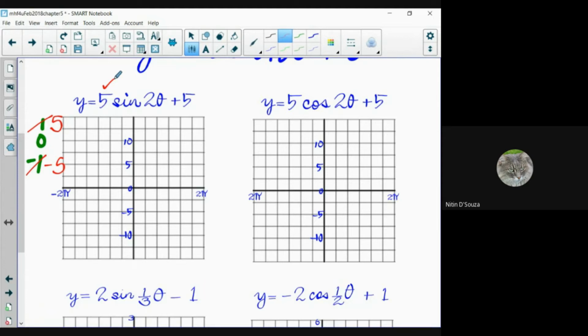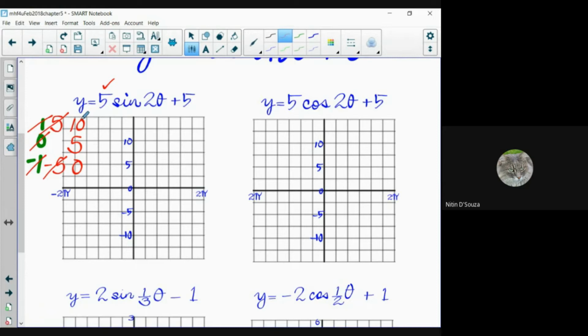This plus 5 gets added to all the y values. So minus 5 plus 5 becomes 0. 0 plus 5 becomes 5. 5 plus 5 becomes 10. So that means my graph is going from here to here. Anyone up with me?